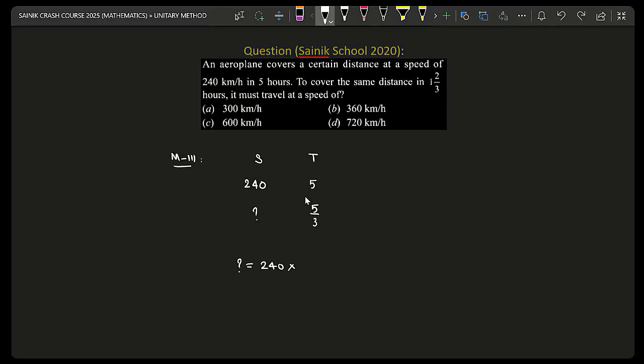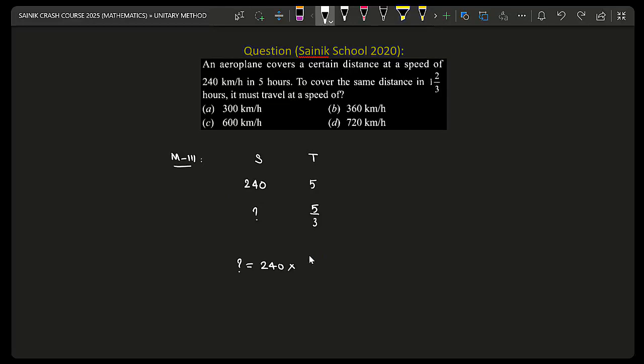Because 5 by 3 is a third part of 5. Now to cover in 5 hours, it requires a speed of 240 kilometers per hour. To cover in 5 by 3 hours, do you need more speed or less speed? Sir, more speed. More speed means what is the form you will be writing the fraction, more by less or less by more? Sir, more by less.